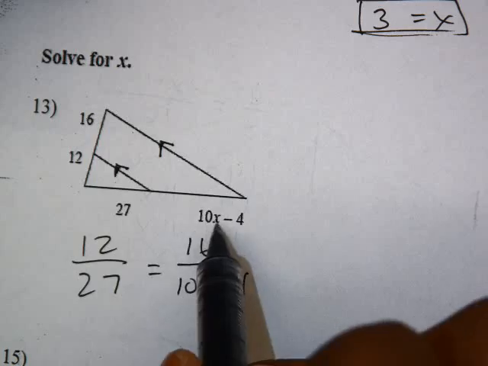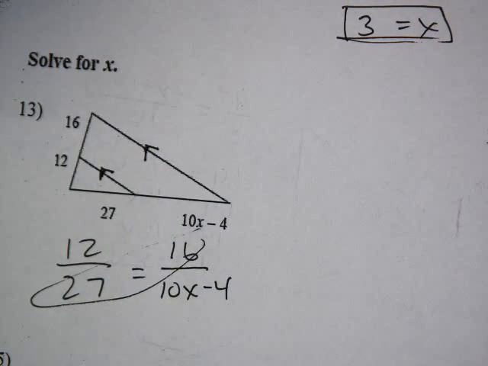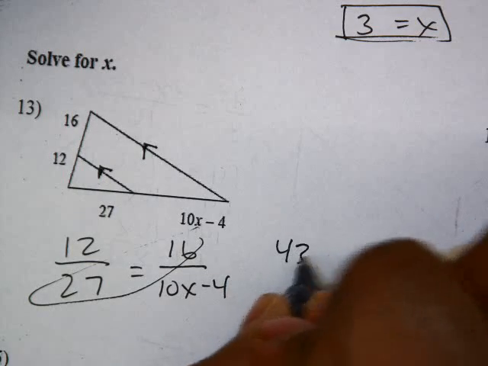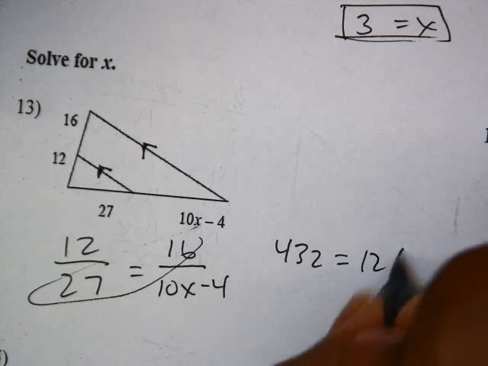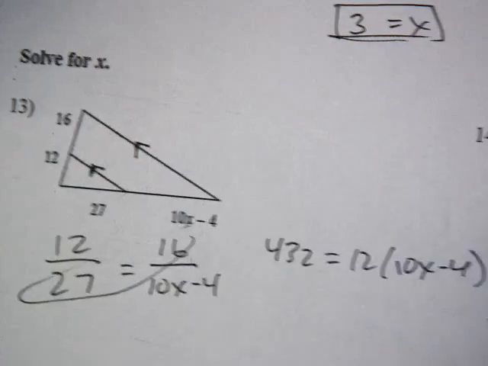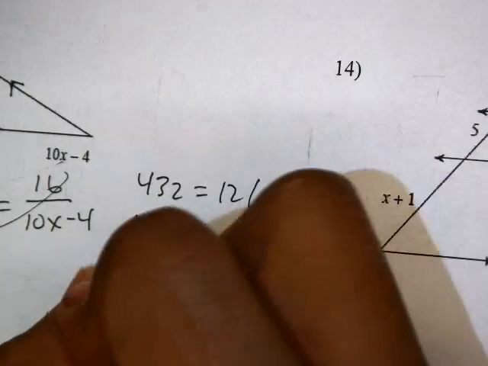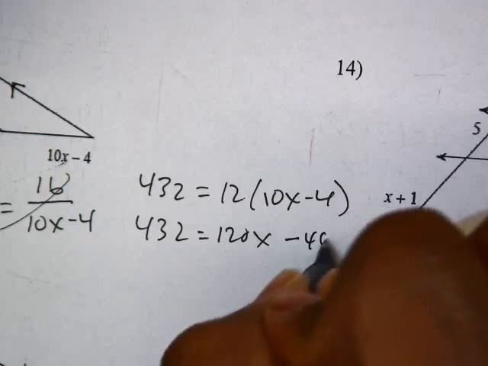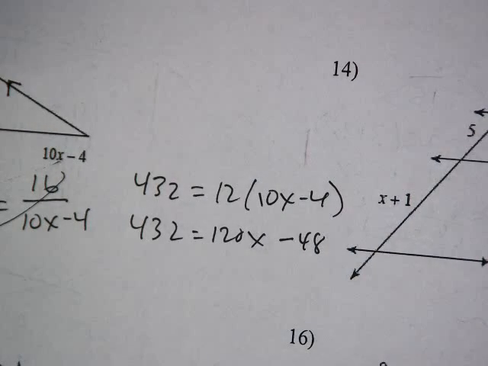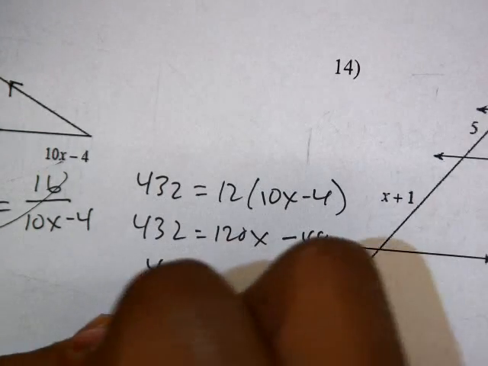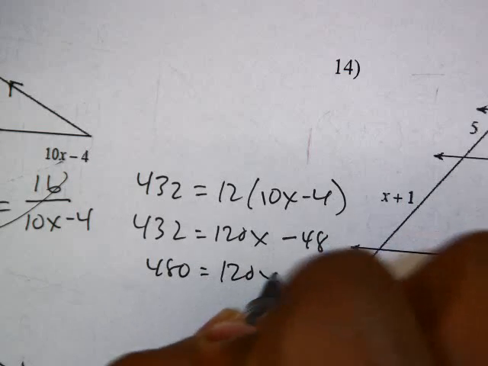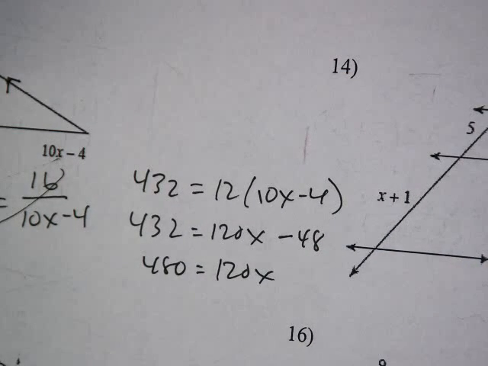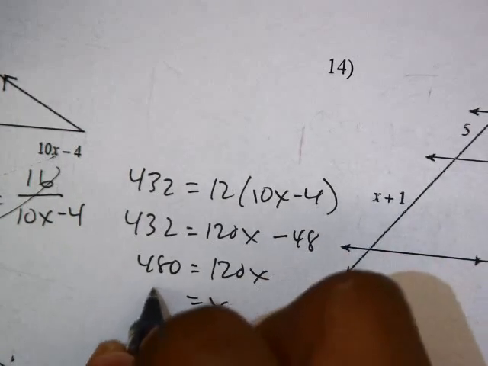And cross multiply. 27 times 16 is 432. 12 times 10x minus 4. Distribute. Add 48. And divide by 120. And get that x is equal to 4.